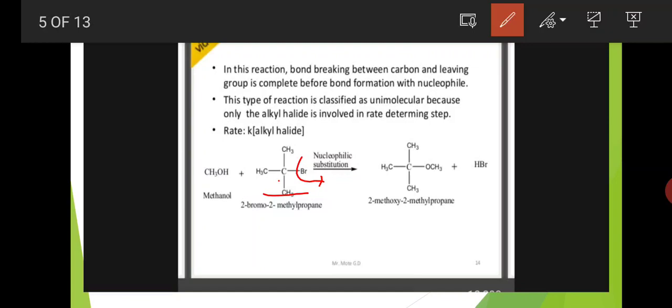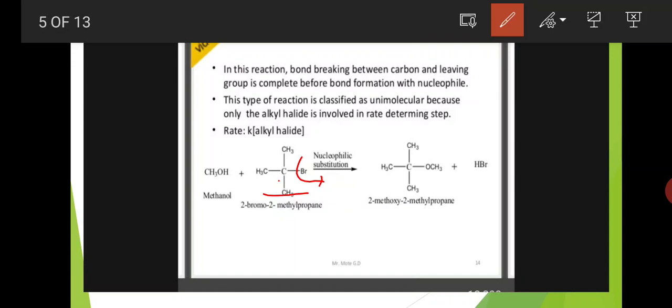This type of reaction is called unimolecular because only the alkyl halide is involved in the rate determining step. This reaction occurs in two steps. In the first step, the tertiary alkyl halide loses halogen and forms a tertiary carbonium ion.